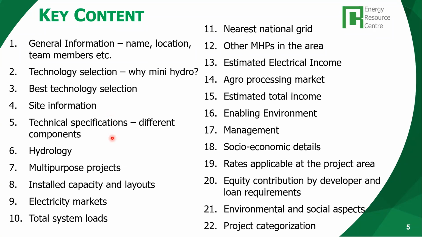All these things, and the transmission and distribution network, have to be described in the technical specifications. Then you have to have a section on hydrology. What is the water availability, how it varies, and other aspects have to be described and assessed.